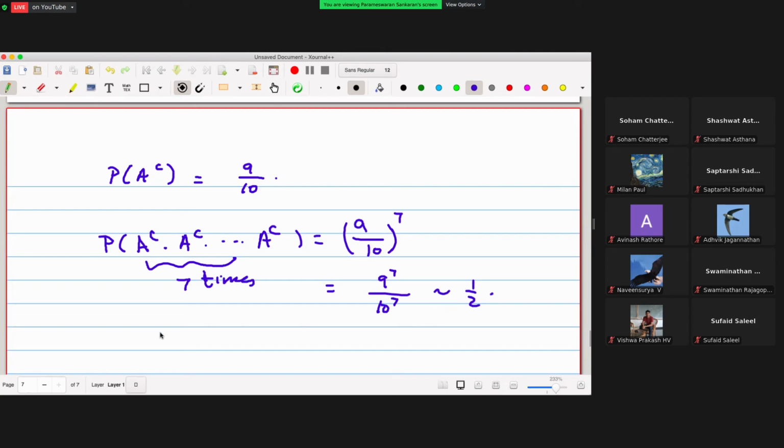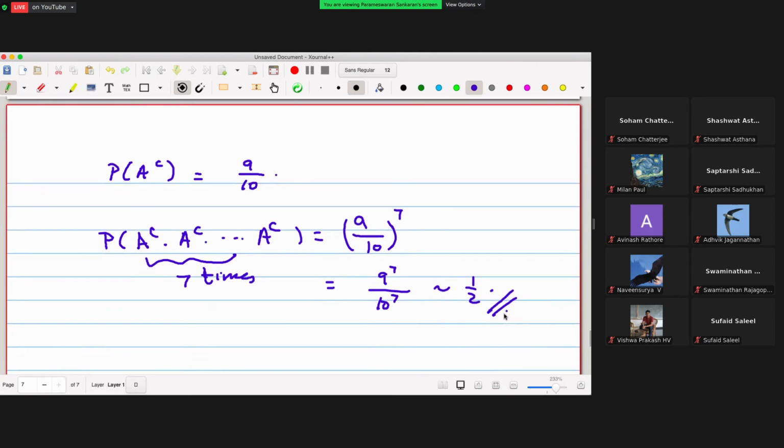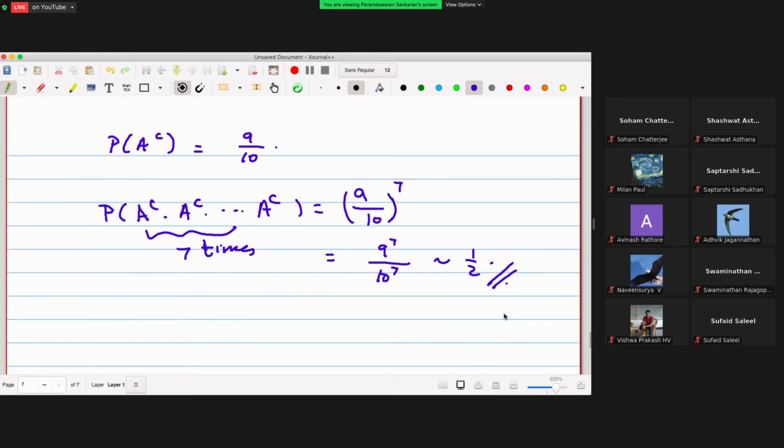Somebody should verify this. I didn't calculate this, but this is something one has to verify. Therefore, maybe this is a little less. Sir, it's 0.478.